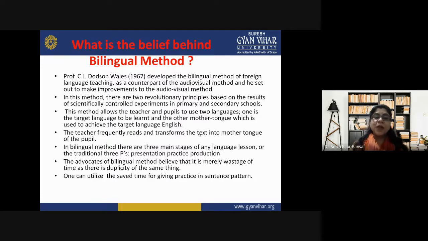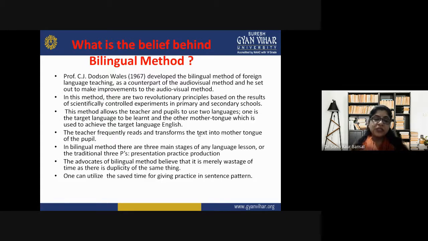This method allows the teacher and pupils to use two languages together. One is the target language to be learned, and the other is the mother tongue, which is used to achieve the target language, English. So this is how it was developed.